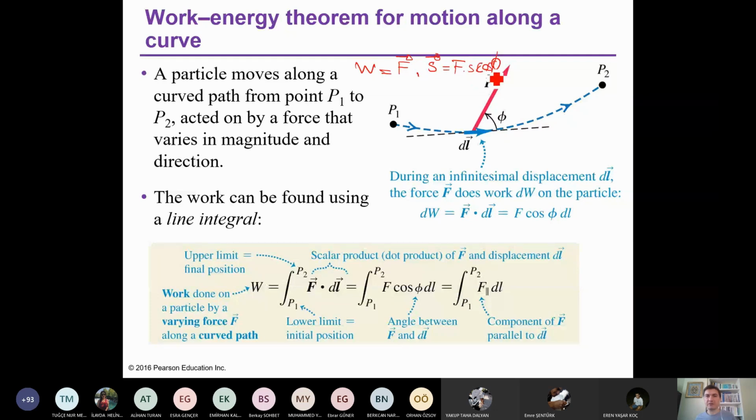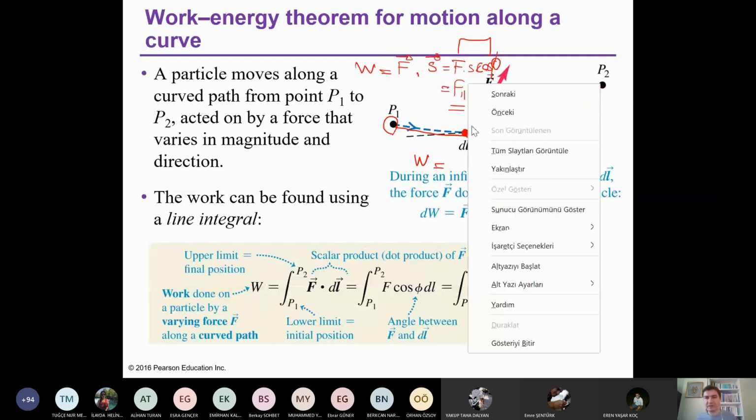So this F cosine phi can be written as F parallel. We have discussed all these things during the last lecture. So this particle is moving along this path from position 1 to position 2. And at this point, I would like to write the work done on this particle. So here we have a force like this in this direction.